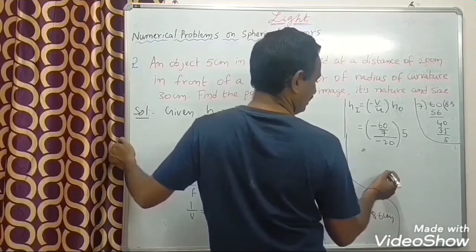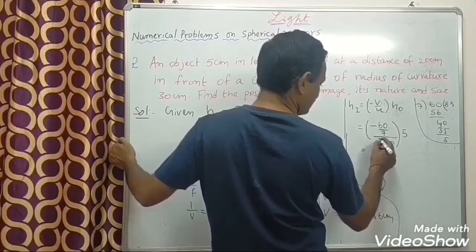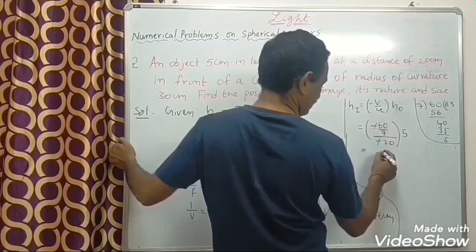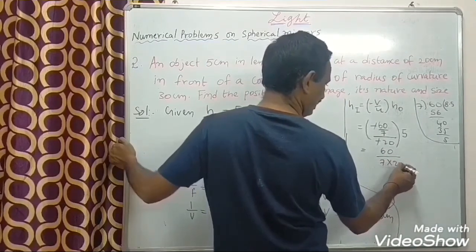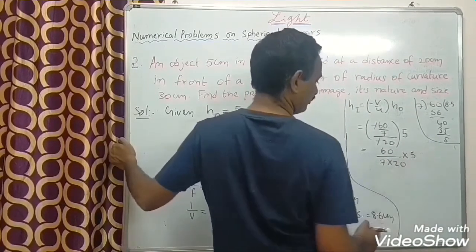The minus signs cancel. So 60 by 7 into 20 into 5.